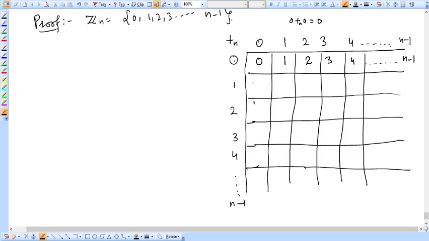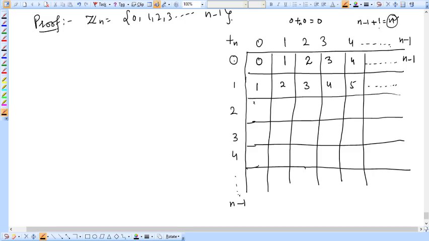So now you see the case for 1, this would be 1. 0 plus 1 is equal to 1, right? And 1 plus 1 would be 2, and 1 plus 2 would be 3, 4, 5. It would be working nicely until we get n minus 1 plus 1 equal to n here.